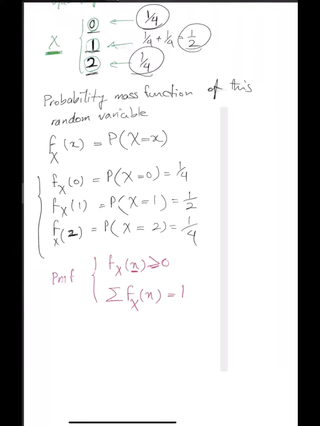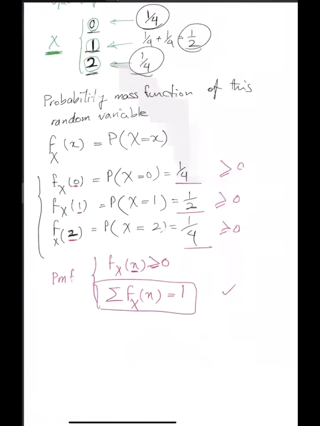So I know the possible values 0, 1, 2. I know the probability of each one of them here. Is each probability greater than or equal to 0? Yes. The first condition holds. Do they add up to 1? When I sum them up, do they add up to 1? Yes, they add up to 1.